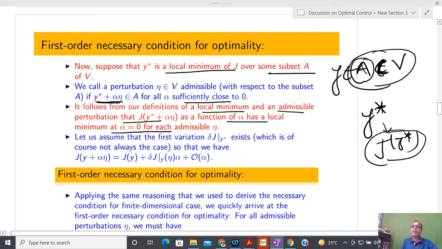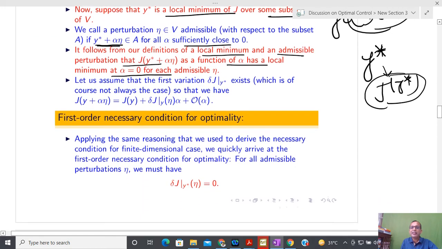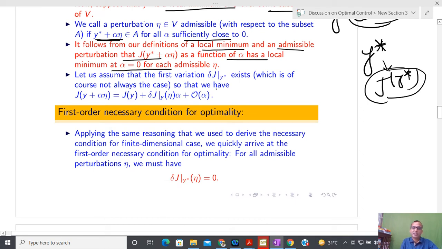Then I can talk about the minimum. In a similar way I can talk about the maximum also. First I have to make sure that J of y star exists. In some cases it might be possible that J of y star will not exist. If it does not exist, then I cannot talk about this kind of condition.